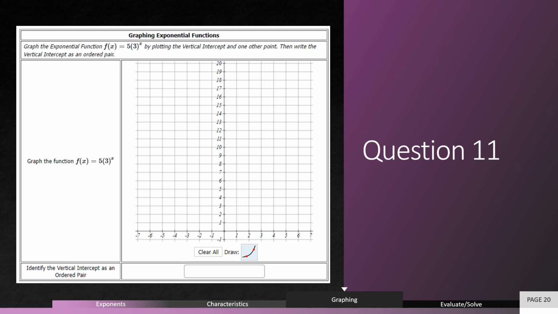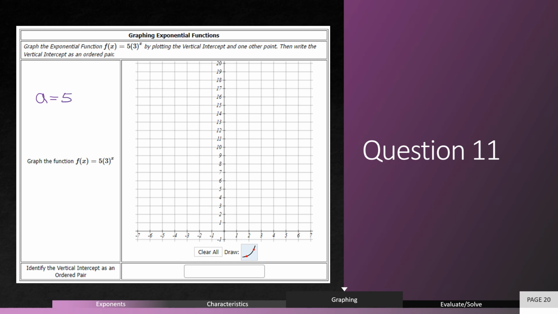So this is an example of graphing for more, and this is question 11 in your homework. So it says to graph the exponential function by plotting the vertical intercept and one other point, then write the vertical intercept as an ordered pair. So we can see on here that A, our initial value, is 5.